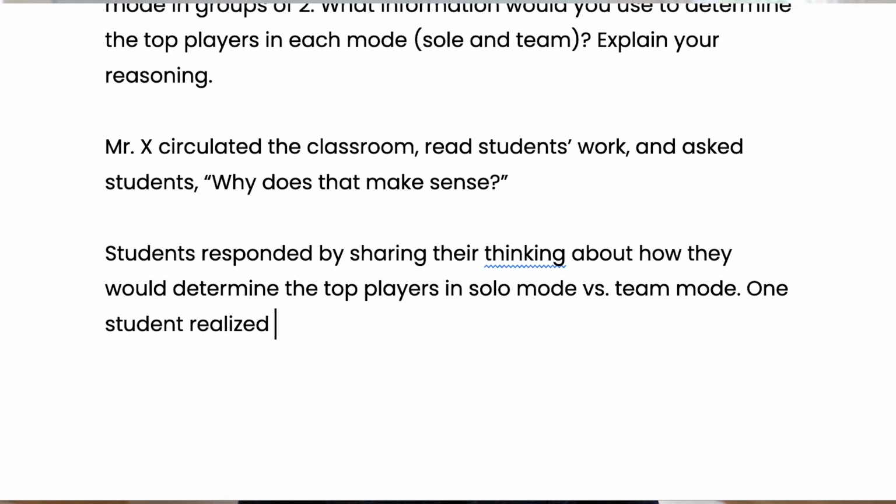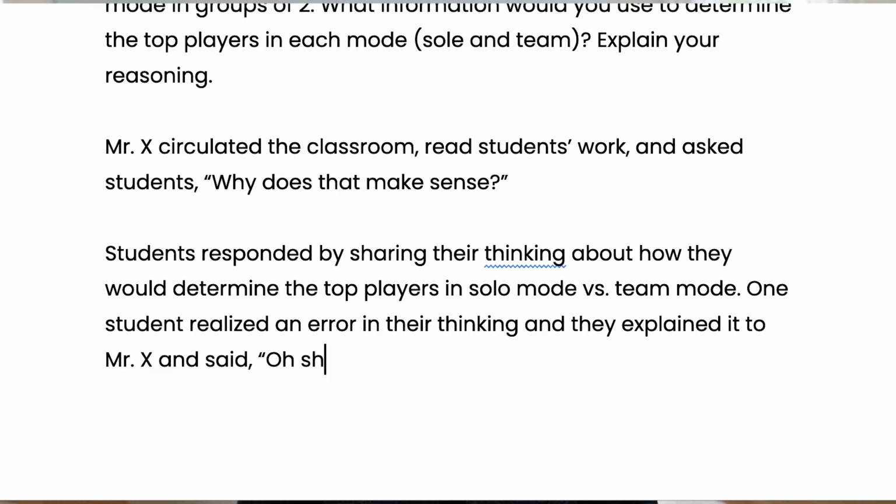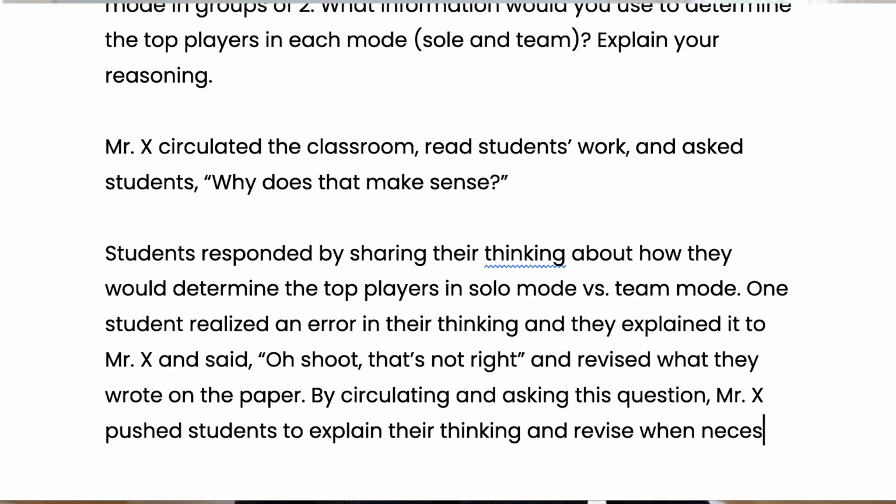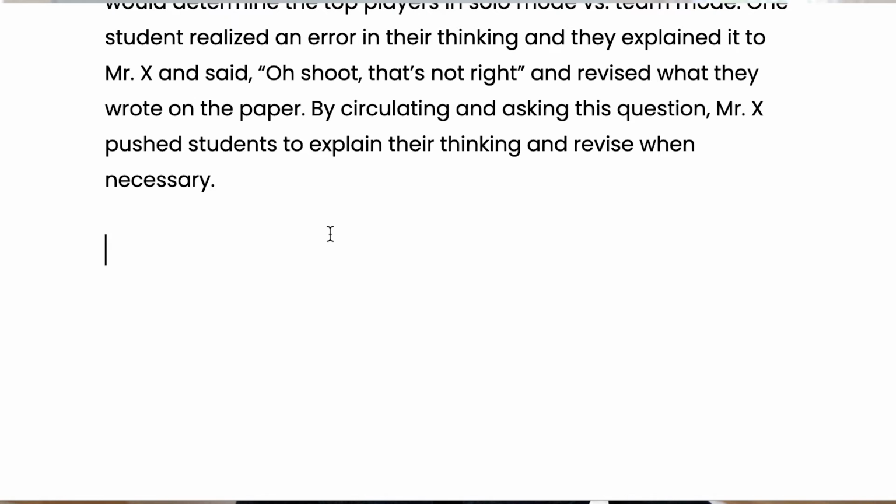One student realized an error in their thinking and explained it to Mr. X and said, oh shoot, that's not right, and revised what they wrote on the paper. By circulating and asking this question, Mr. X pushed students to explain their thinking and revise when necessary.